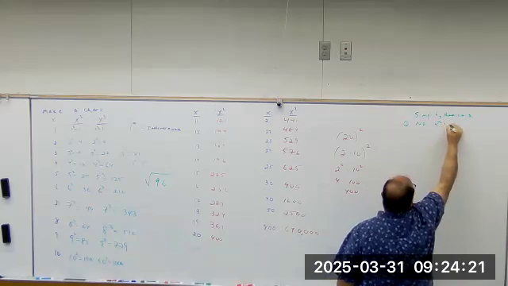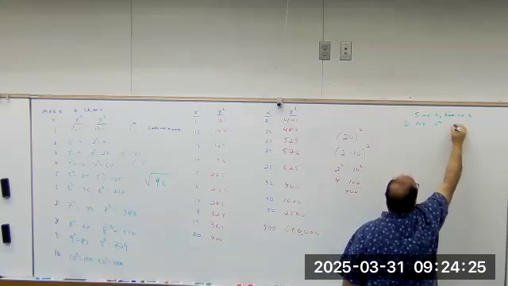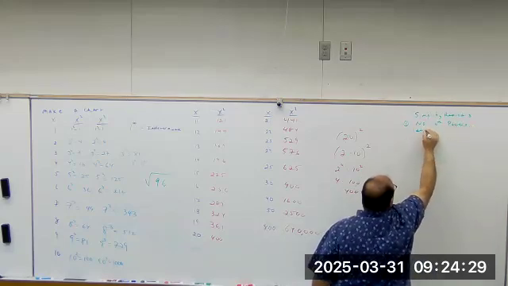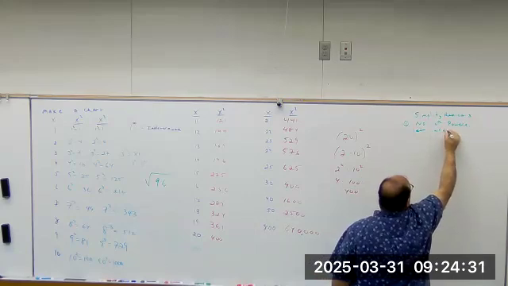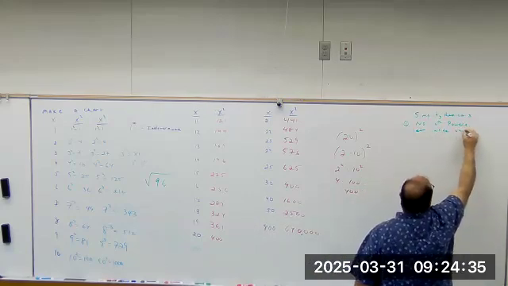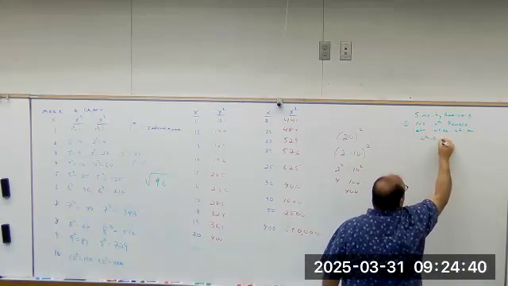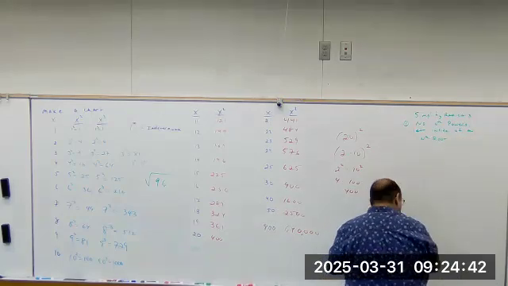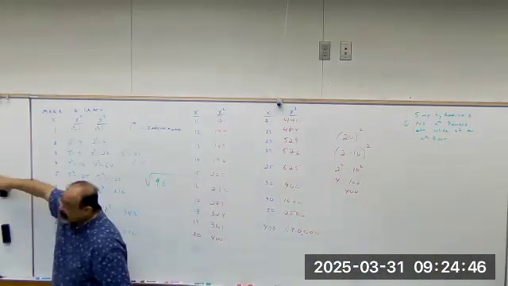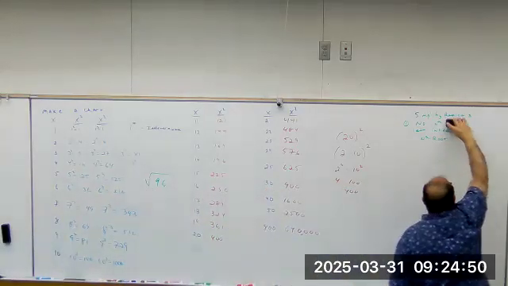No perfect n-th powers left inside of the n-th root. This is what your quiz is going to be dealing with on Wednesday. So I'm leaving off the word: no perfect n-th powers left inside of the n-th root.